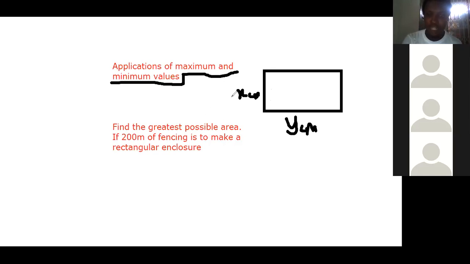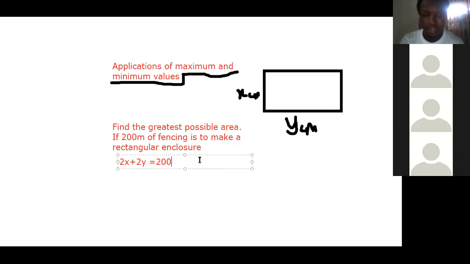So we can equate the perimeter in terms of this. My perimeter will be equal to 2x plus 2y, which should be equal to 200. So twice of this and twice of this should give me 200, because that is saying 200 meters of fencing to make a rectangular enclosure.